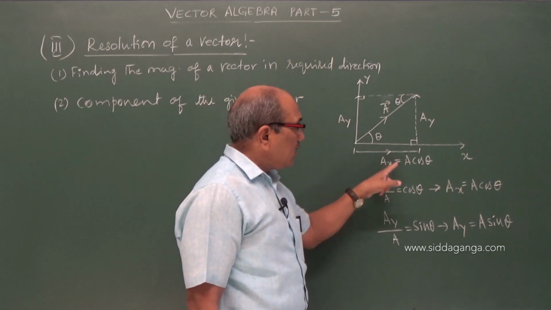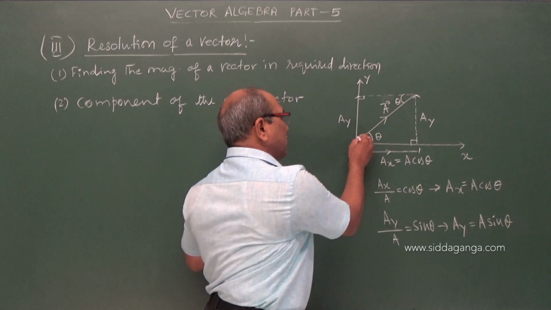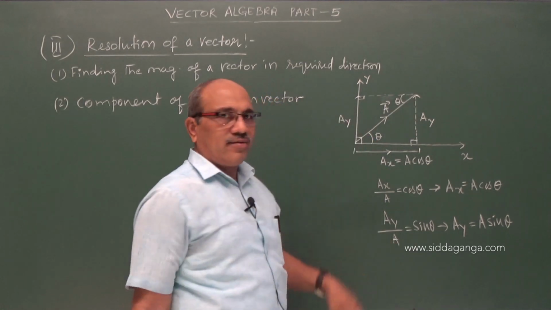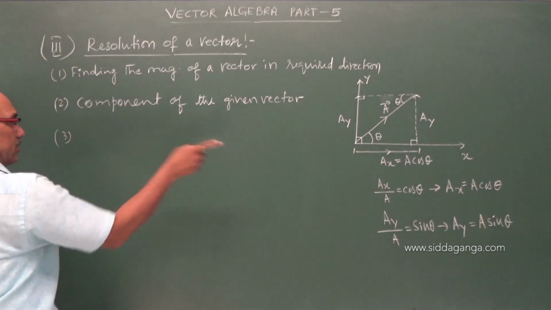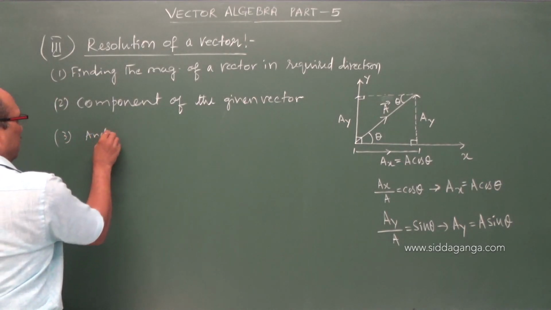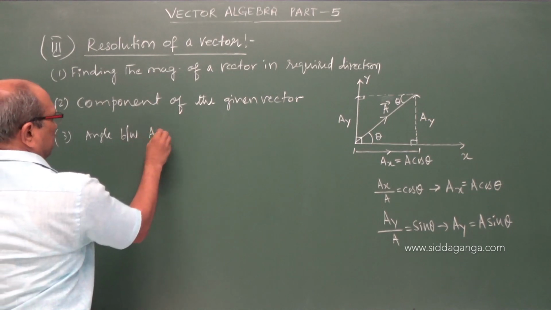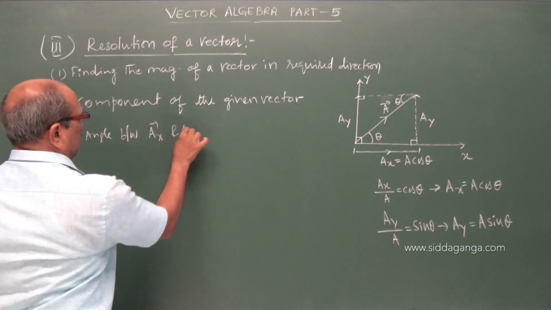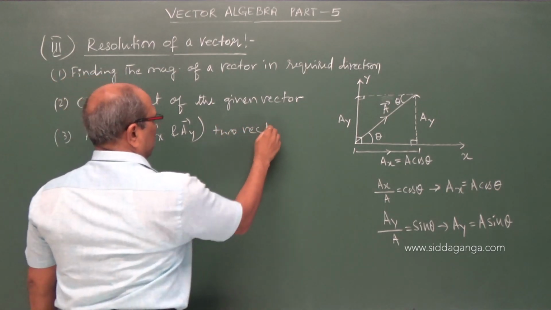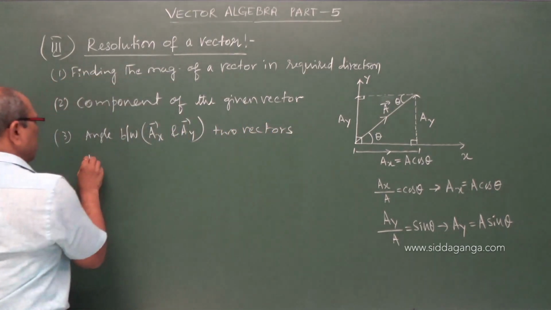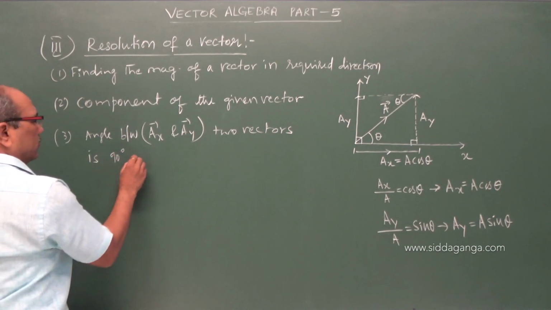But in this case, the angle between AY and AX is 90 degrees. Therefore the angle between the two vectors, AX and AY, is 90 degrees.